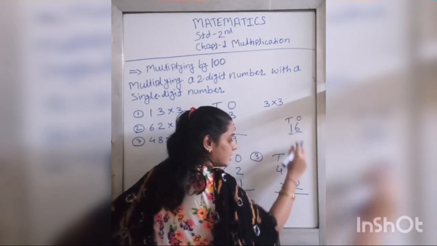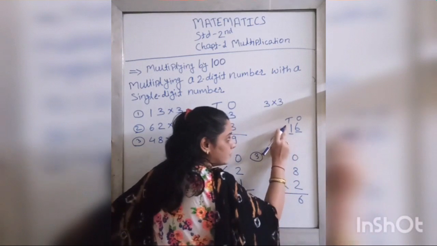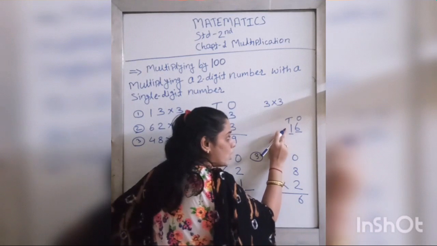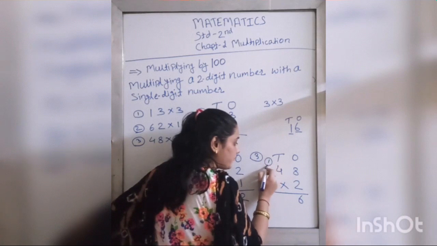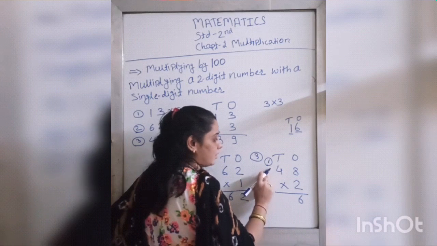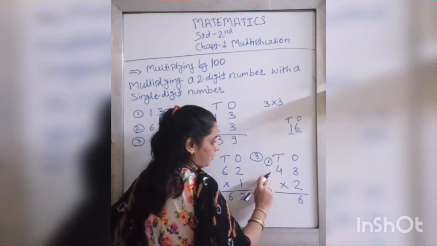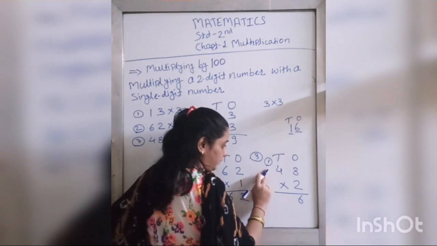We will write this 6 where? On the ones place. And this 1 which is on the tens place, what we will do with this 1? We will put it over the tens place as a carry. Already we learned this in addition. So this 1 we will write here on the tens place as a carry.